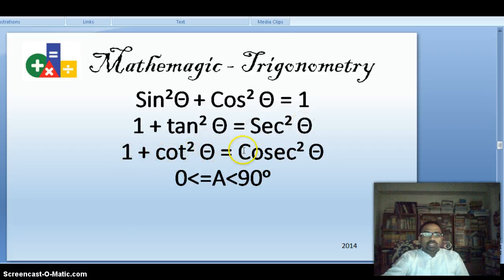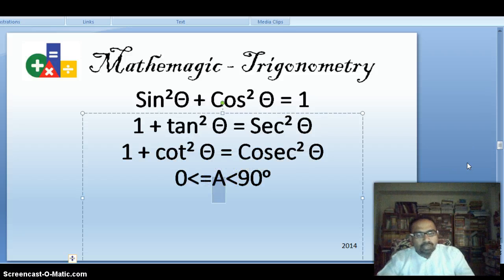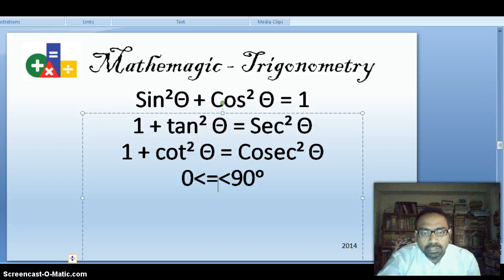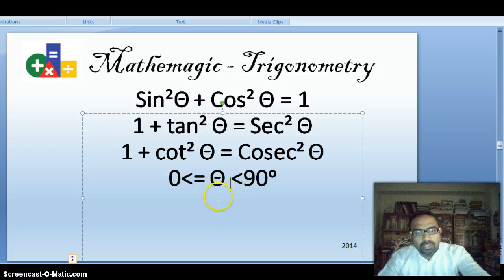Next one is 1 plus cot squared theta is equal to cosec squared theta. For these two identities, the value of the angle, or sorry, it should be theta over here, would be greater than or equal to 0 and less than 90 degrees, because at 90 it tends to infinity in many cases.